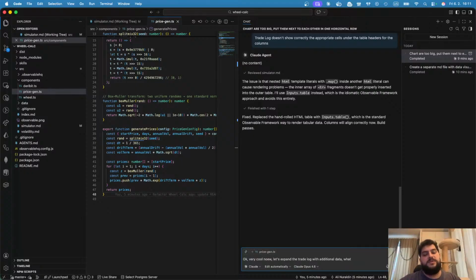What I'm missing is the assignment params, like what was the purchase price, and what is the current price. Let's do it like this maybe.